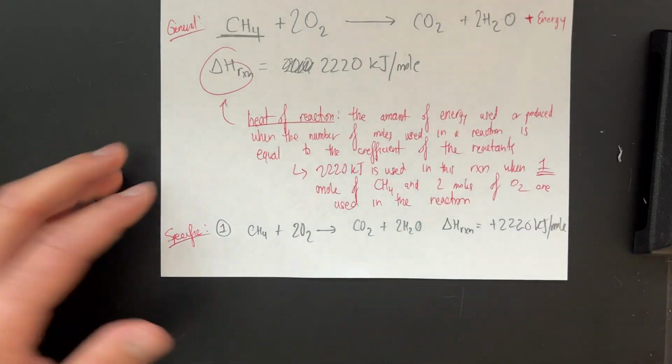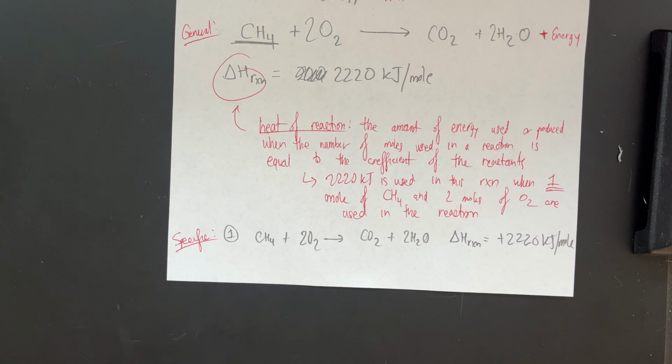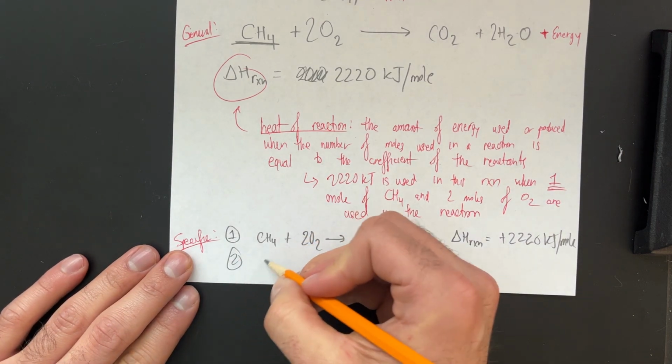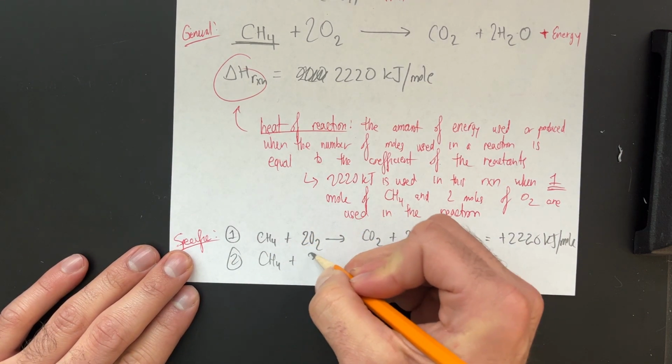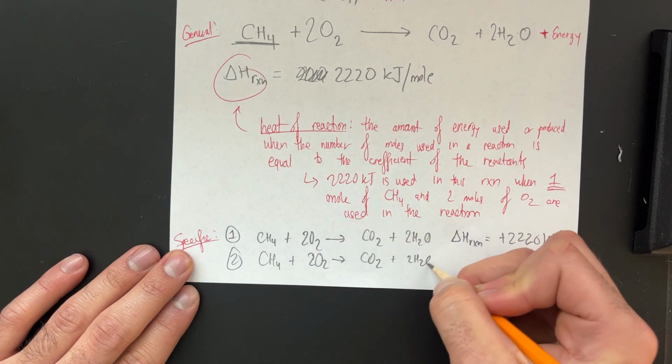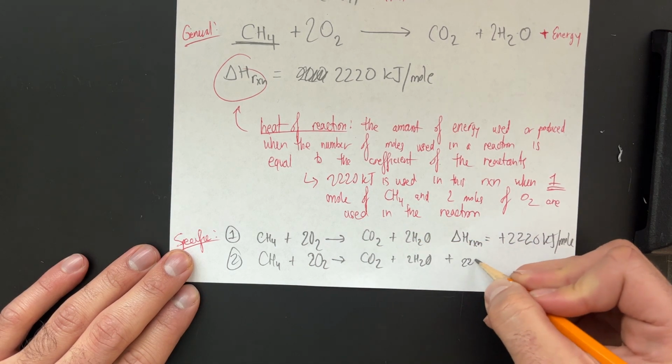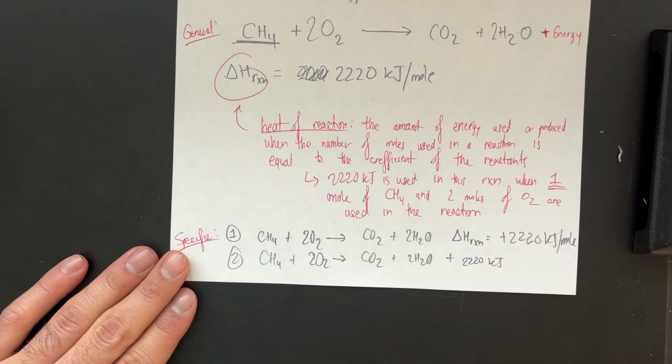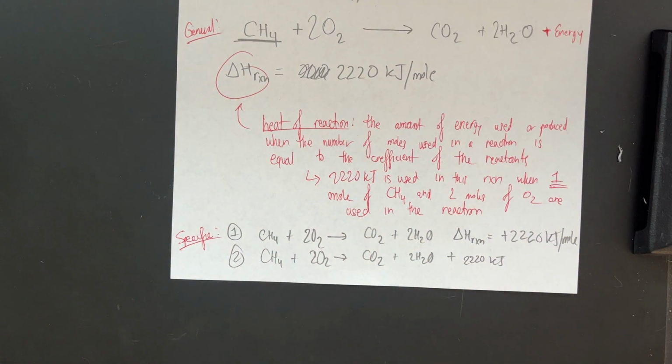You could write it like that with the delta H at the end, or another way of writing it is CH4 plus 2O2 yields CO2 plus 2H2O, and another one of the products is 2,220 kilojoules of energy.